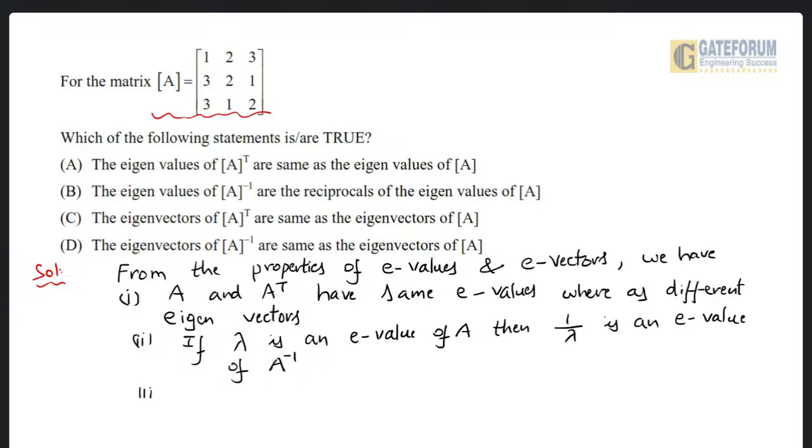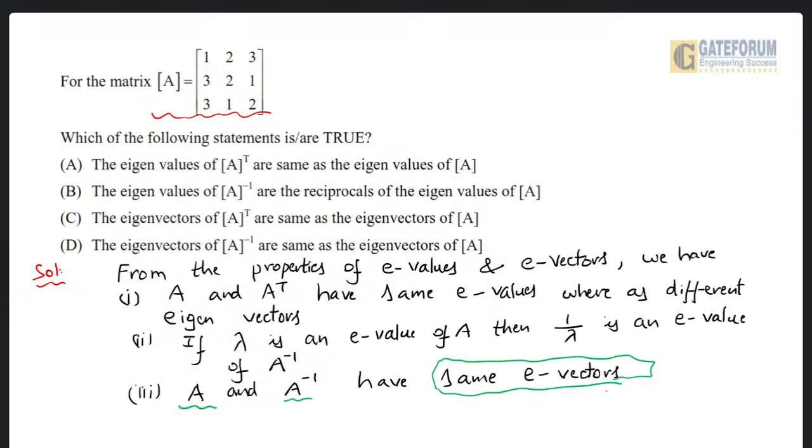A and A square, A cube, A power 100, A power m, (k times A plus or minus k) whole power m, adjoint, A inverse all have the same eigenvectors. A and A inverse have the same eigenvectors. So the corresponding statements, please observe.